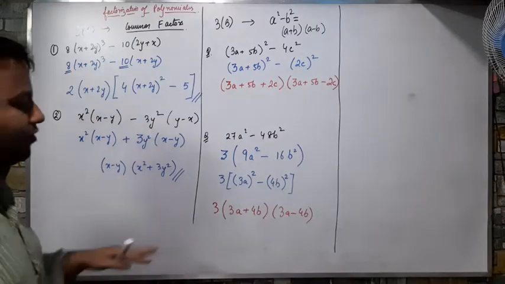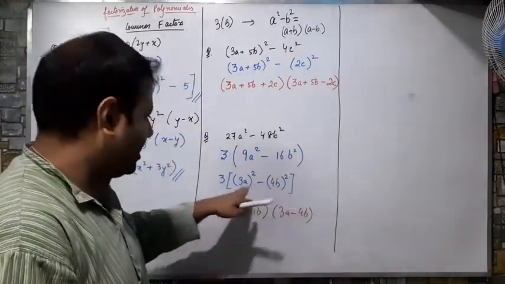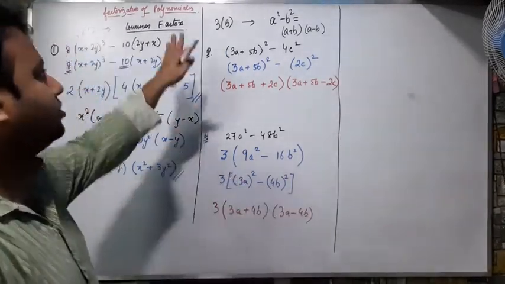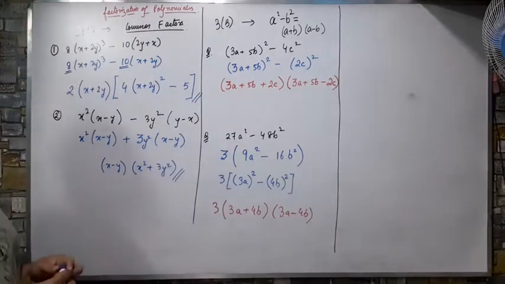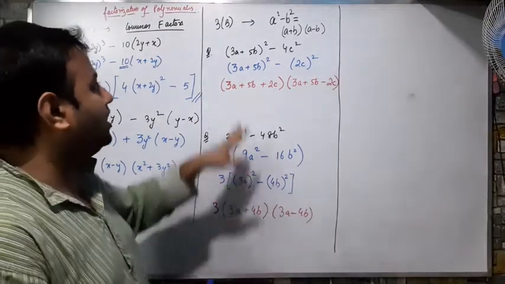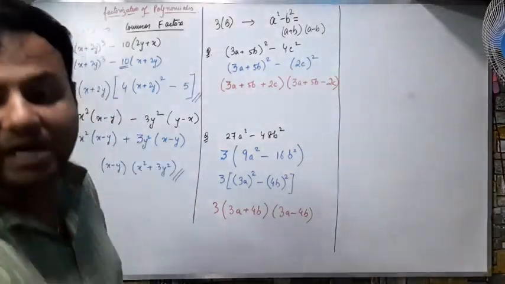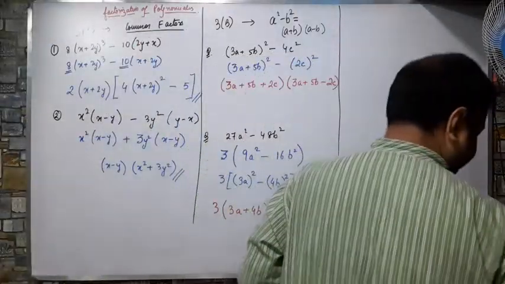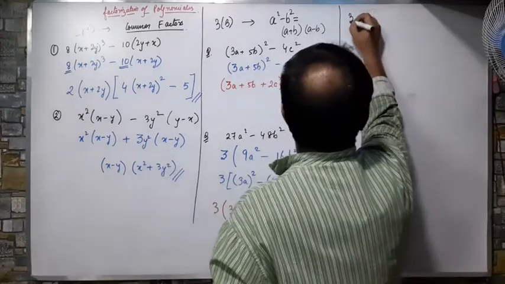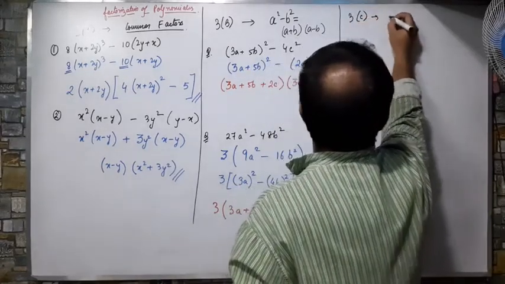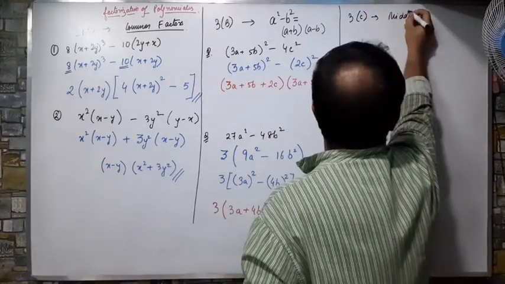So again I have got a plus b, a minus b. So this is also how the factorization can be done, and this is based on exercise 2. Then we move on to exercise 3, that is middle term factorization. 3c is middle term factorization.